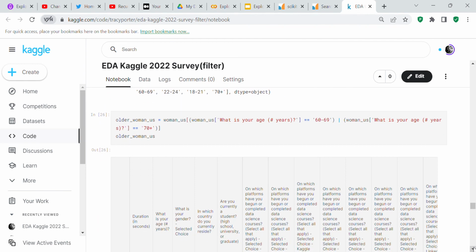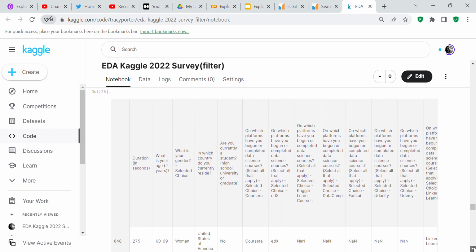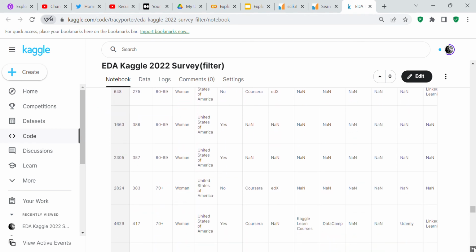So we filtered for older women, those in the 60 to 69 age group or the 70 plus age group.